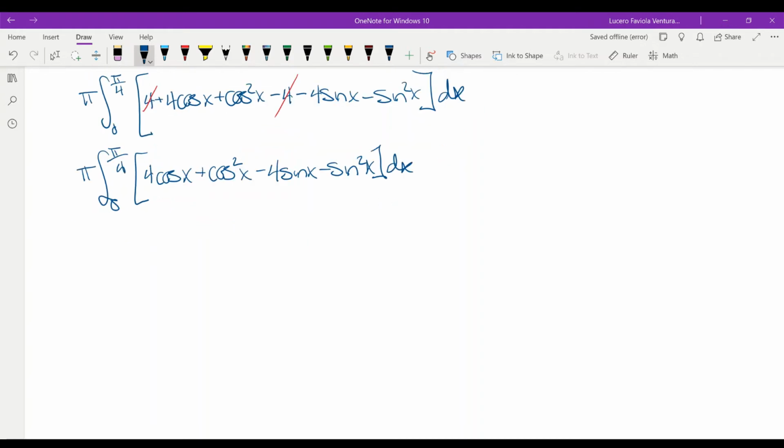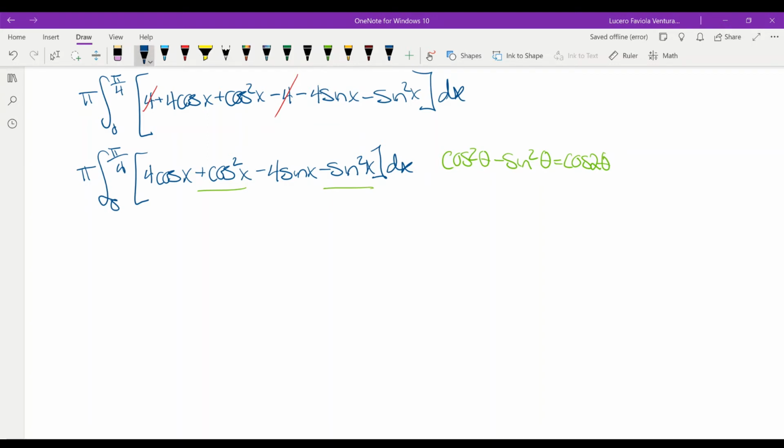And then from here we can group like terms together, and if we were to do that, we can see that cosine squared x minus sine squared x has a trig identity. So cosine squared theta minus sine squared theta is equal to cosine 2 theta. So that's what we'll replace those two with.